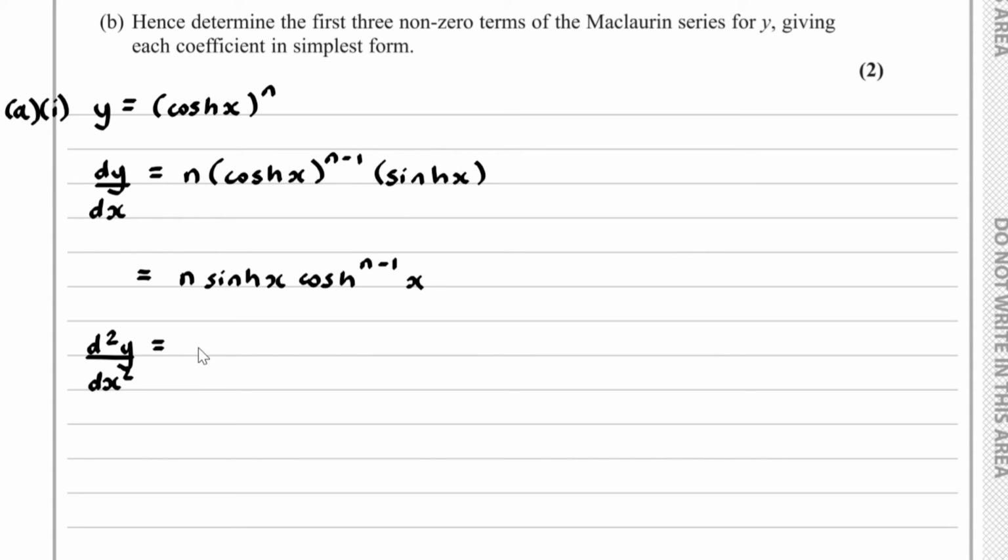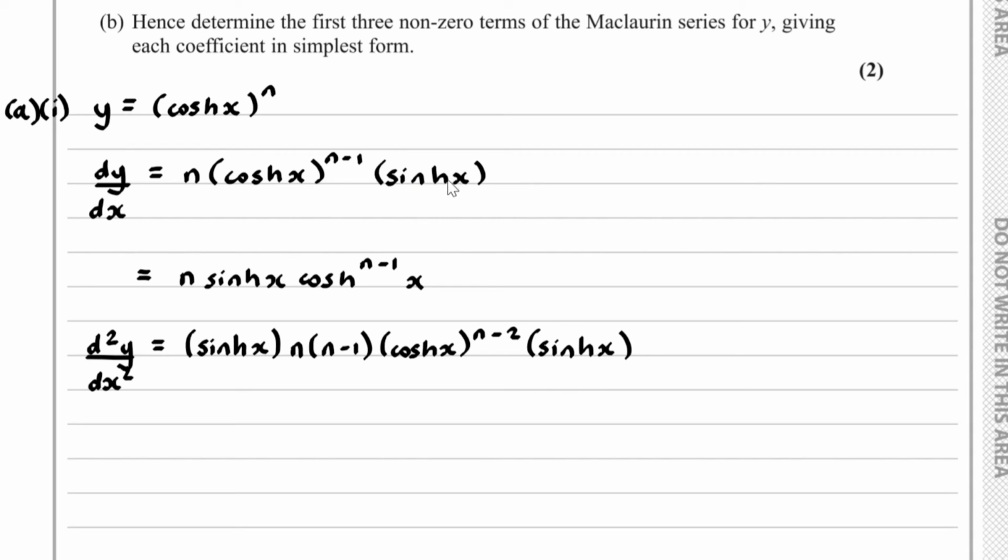So I've got v, which is sinh x, times the derivative of n times cosh x to the n minus 1. So that will equal, well, I times by the power, so that leaves me with n times n minus 1 times cosh x to the n minus 2 times the derivative of cosh, which is sinh.